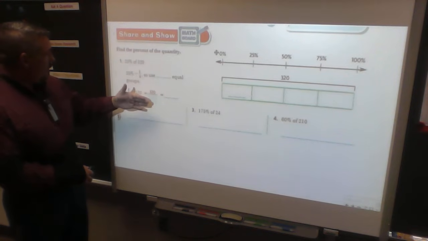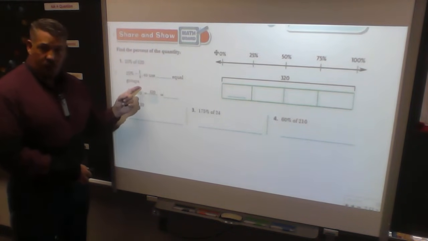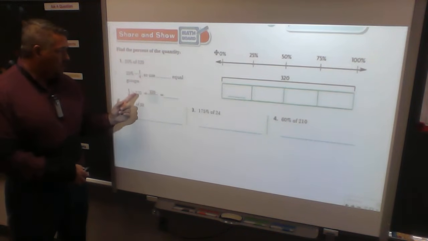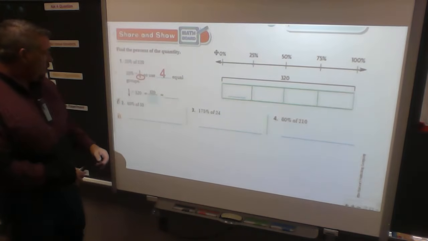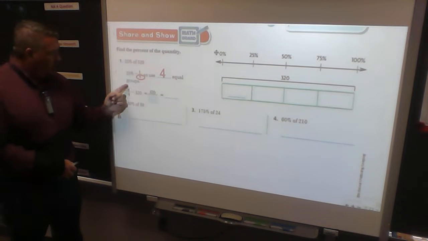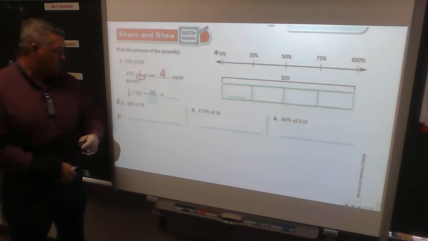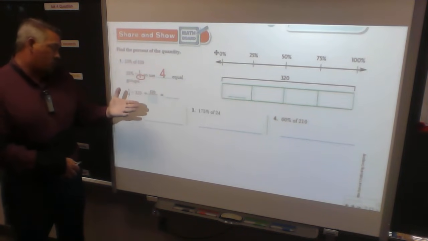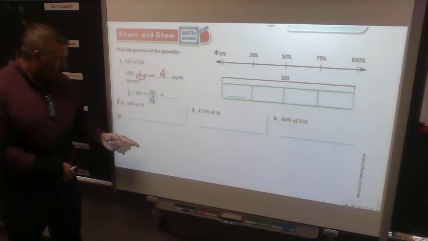25% of 320. If 25% equals 1/4, we're going to use how many equal groups? Well, we're going to use 4 equal groups. 1, 2, 3, 4. Then 1/4 times 320, because of means to multiply, is equal to, when I multiply those across, 1 times 320 is 320. 4 times, I have to put that over 1, gives me 4.